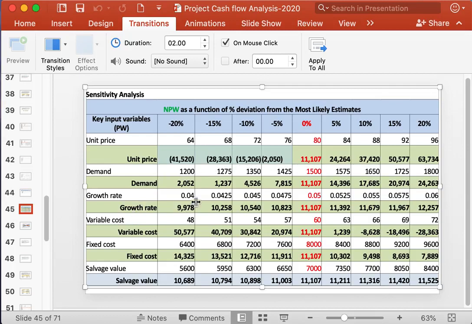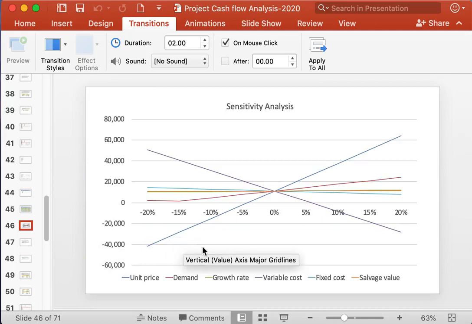So these values of the net present worth you plot on a graph, and it will appear something like this, from which you can see that this blue line and purple line have more effect on the net present worth. So this blue line is the unit price and the purple line is this variable cost.